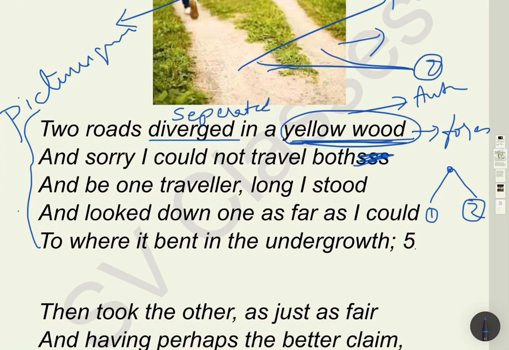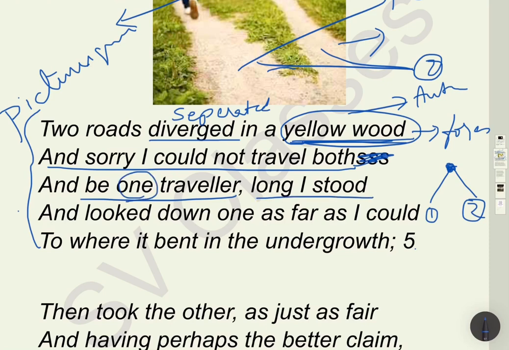So he was in the middle of the forest and there he had two choices. Sorry, I could not travel both and be one traveler means he knows very well that he is the only person and it is quite impossible for him to travel on both roads because he is only one traveler.